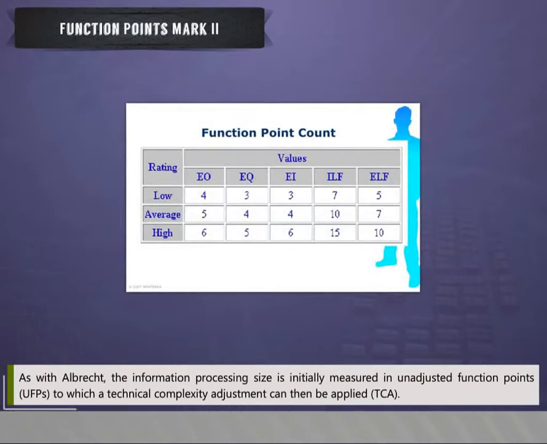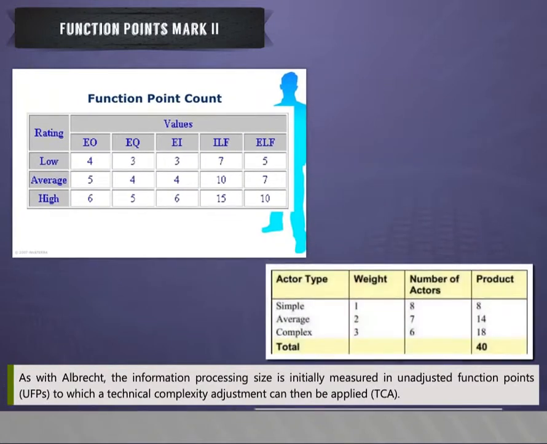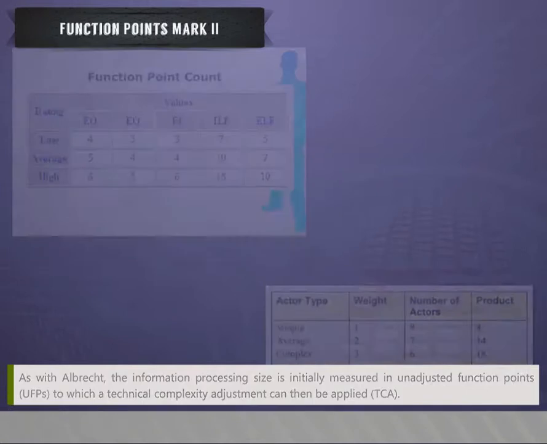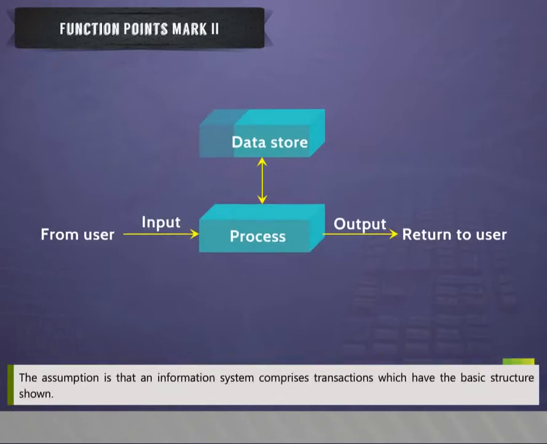As with Albrecht, the information processing size is initially measured in unadjusted function points, UFPs, to which a technical complexity adjustment, TCA, can then be applied. The assumption is that an information system comprises transactions which have the basic structure as shown.